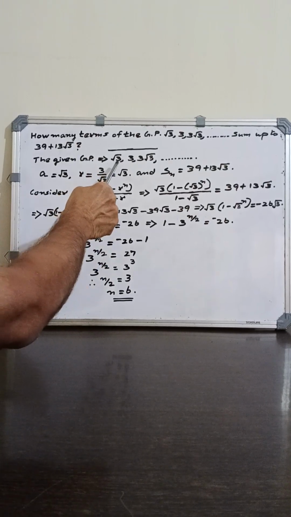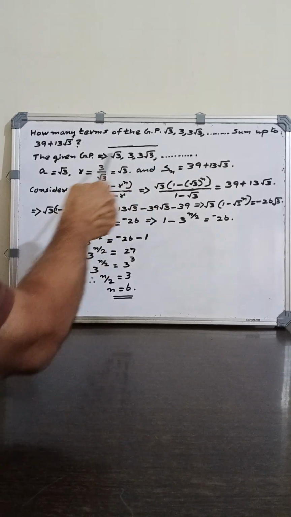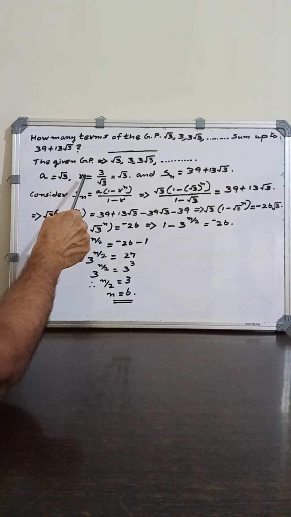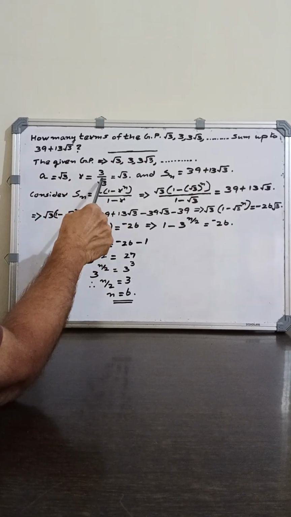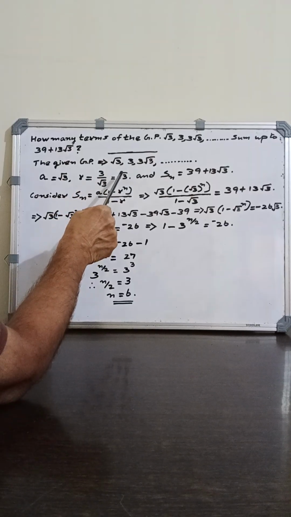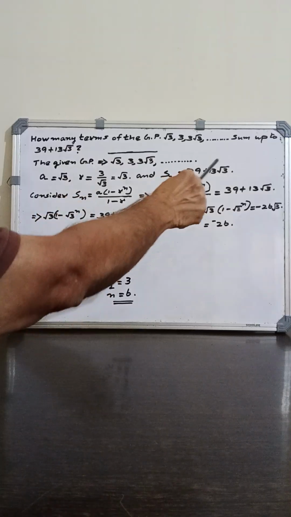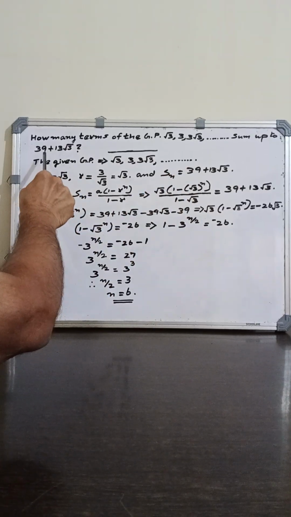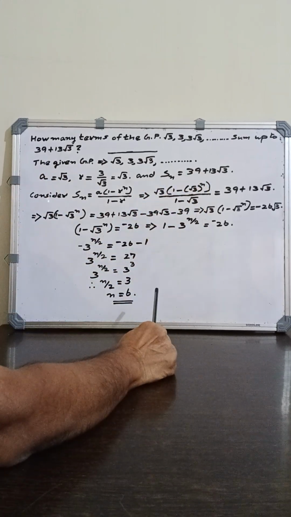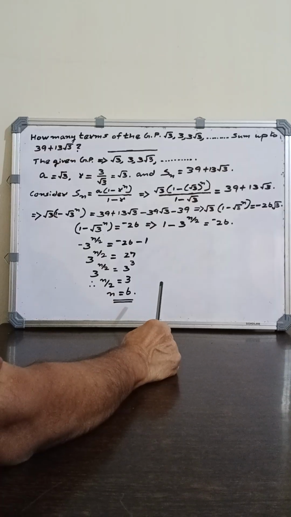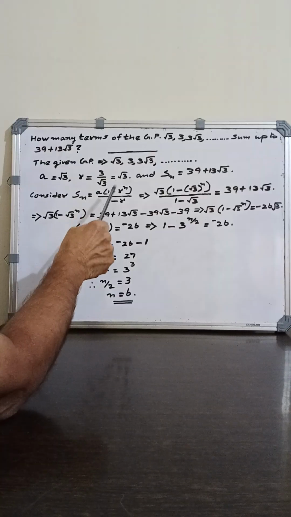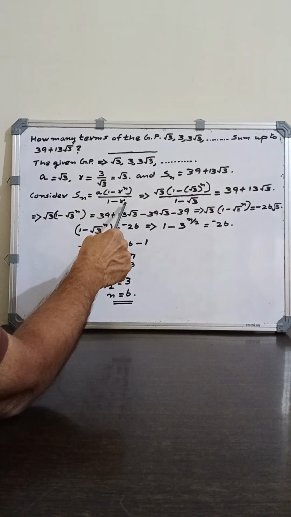Here we can classify the given GP as A, the first term, is root 3, and the common ratio R equals T2 by T1, that is 3 by root 3, which is root 3. And Sn, the sum of n terms of the GP, is given as 39 plus 13 root 3. Consider Sn equals A into 1 minus r raised to n by 1 minus r.